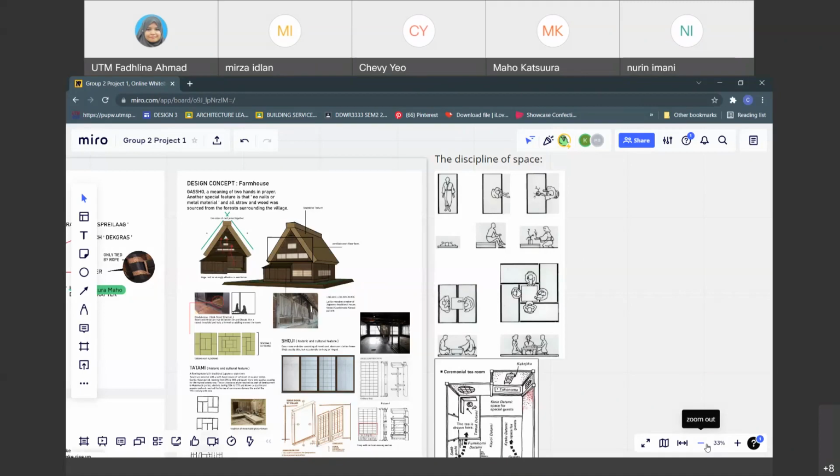You haven't talked about the site plan and the context, right? And the ritual and the custom are the things that are still missing. So please research more and try to figure out who is going to do this task. Okay, doctor. Alright.